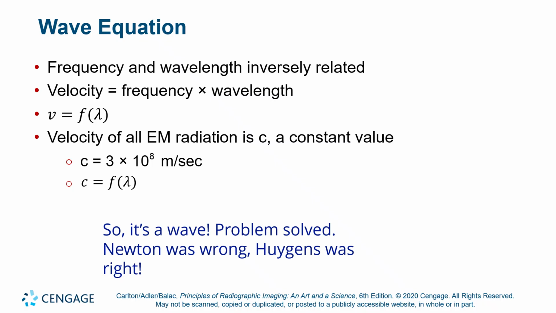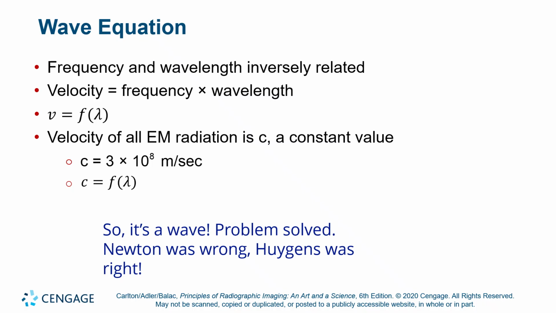So they apply this to electromagnetic radiation, and it works. We know the frequency and the wavelength for red light. We know the frequency and the wavelength for a lot of the electromagnetic spectrum. We know X-rays, the frequency is right around 10 to the 18th hertz.